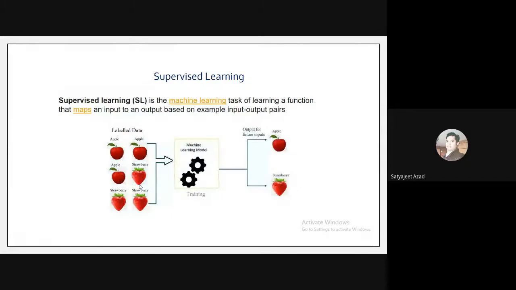Okay, now this is one more visual. This will give you a clearer picture of supervised learning. In this labeled data, labeling means you are seeing a figure like this, and we are marking it as apple, and this is strawberry.